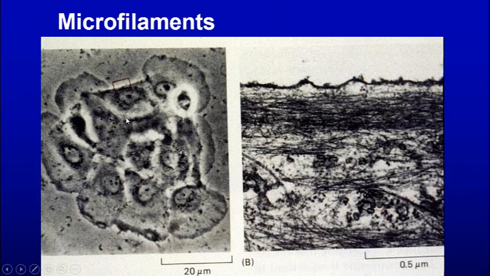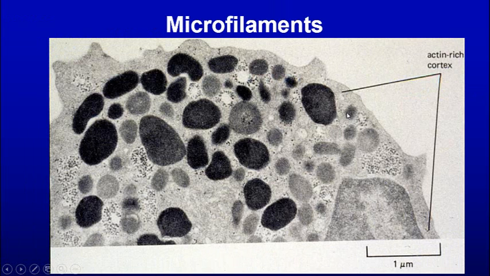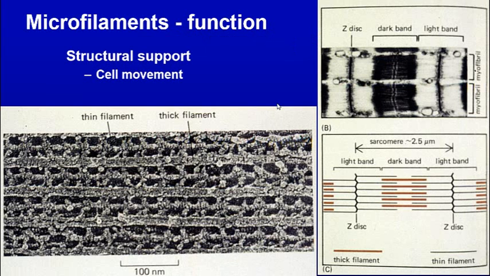So if we see those again, we can see the actin filaments right up next to the cell membrane. Also, here we can see the actin-rich cortex of cells. So right on the outside, next to the plasma membrane, is where you have a rich deposit of microfilaments, because they are actually pushing on the membrane.